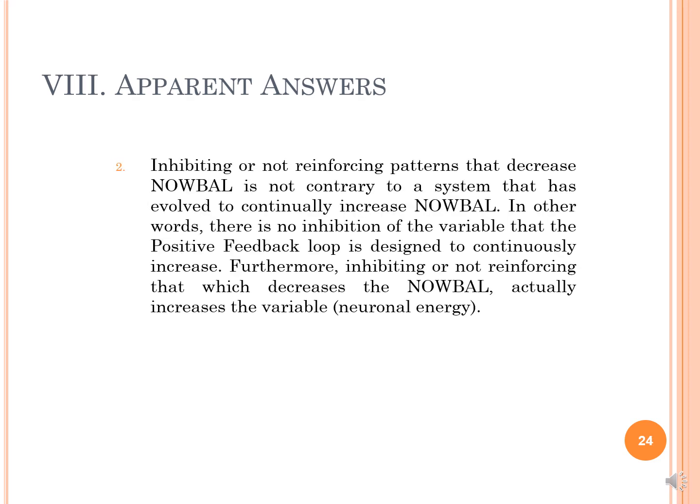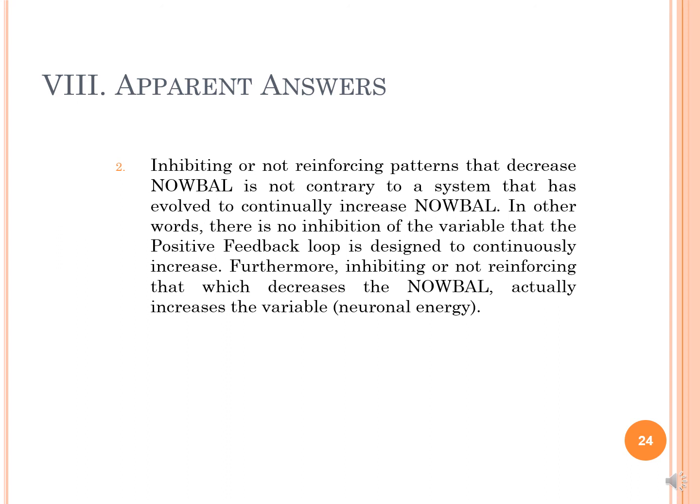Number 2, inhibiting or not reinforcing patterns that decrease non-optimal once baseline activity level is not contrary to a system that has evolved in continually increasing non-optimal once baseline activity level. In other words, there is no inhibition of the variable that the positive feedback loop is designed to continuously increase.